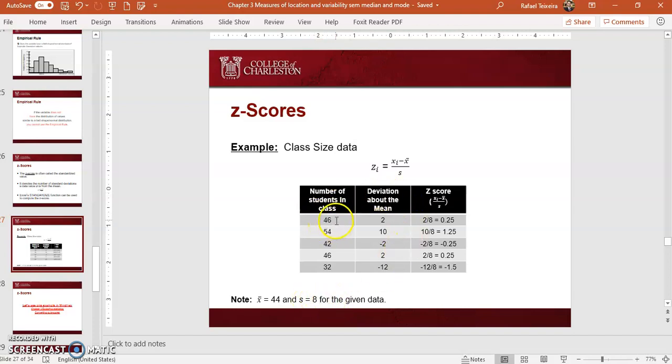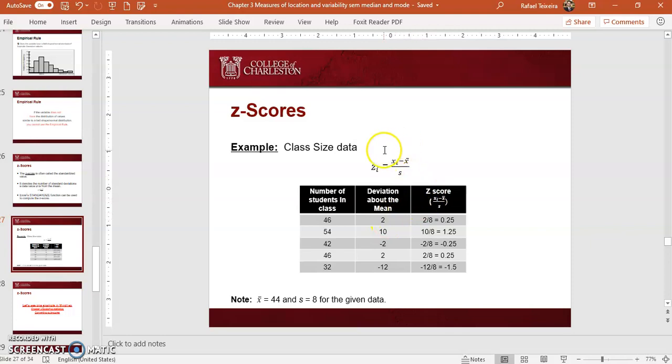So how much is this class deviating in standardized values from the mean? The mean is 44, this class is 46, so it's above the mean. The deviation above the mean is two students. So this class has 2 more students than the mean of 44.